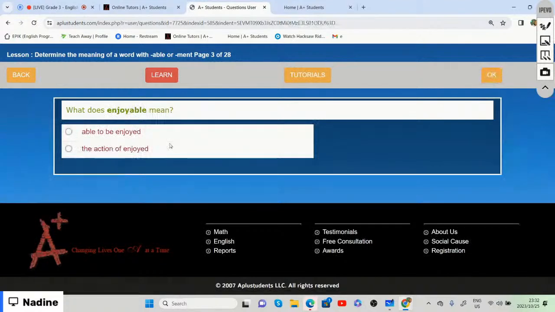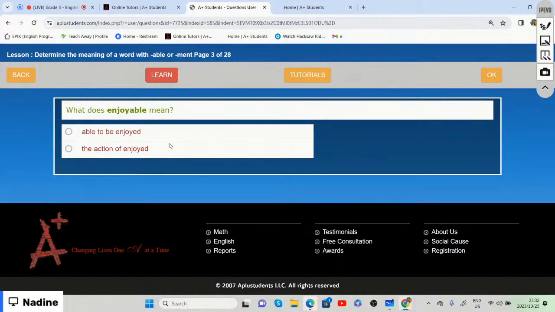What does enjoyable mean? Enjoyable. Is it able to be enjoyed or the action of enjoyed? Enjoyable. Is it option one or option two?